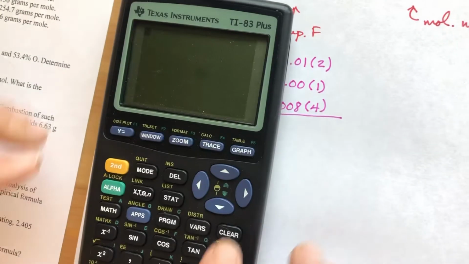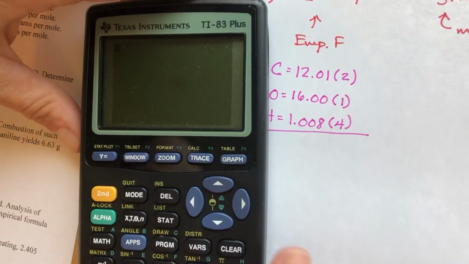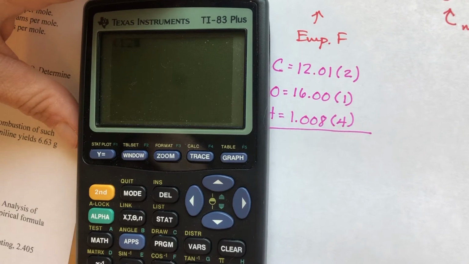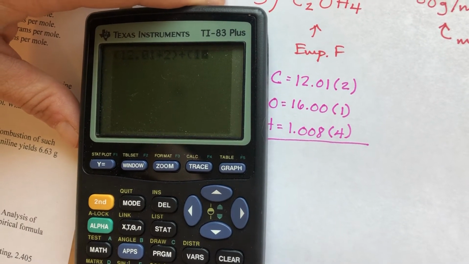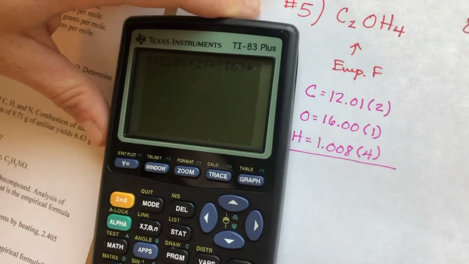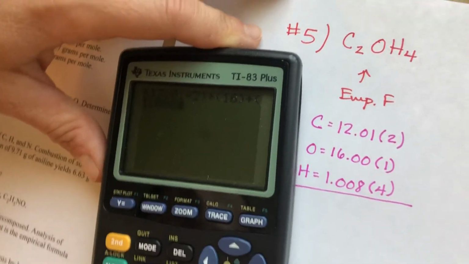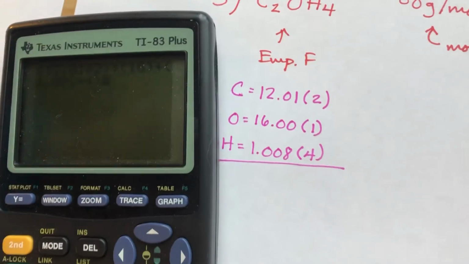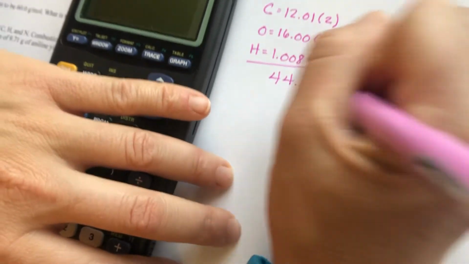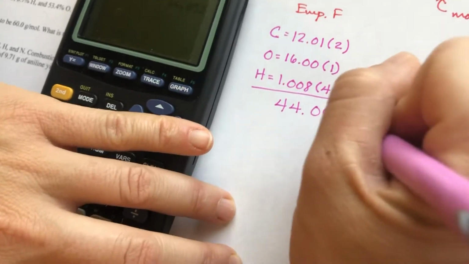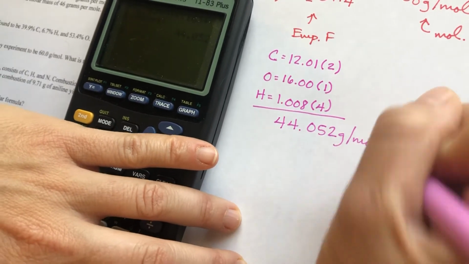So I'm going to take parentheses 12.01 times 2 plus 16 plus 1.008 times 4 equals 44.052 grams per mole for the empirical formula.